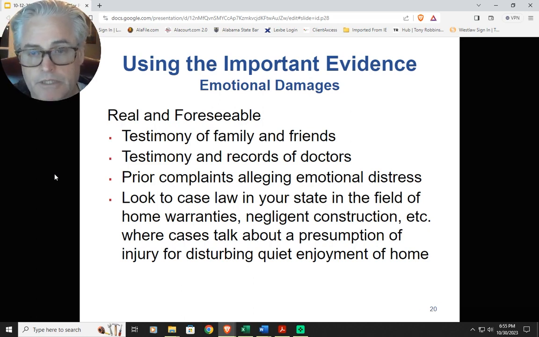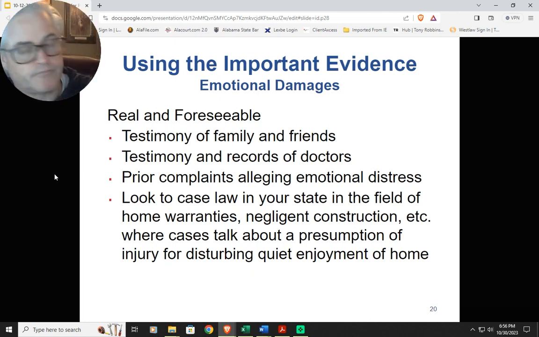But in most states, it's a cause of harm. And almost any doctor that's treated your clients for any length of time will be able to say that they experienced stress or depression, whatever, that they had related to these financial stressors or fears or whatnot that can be tied back to your case.